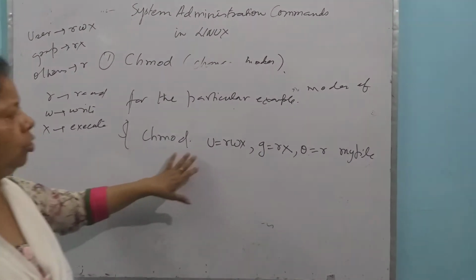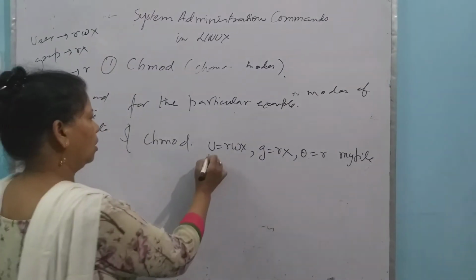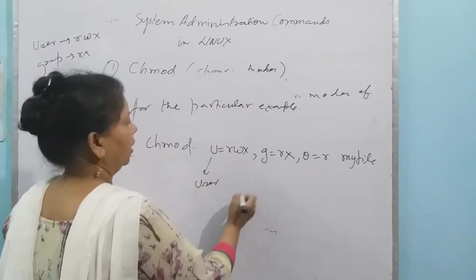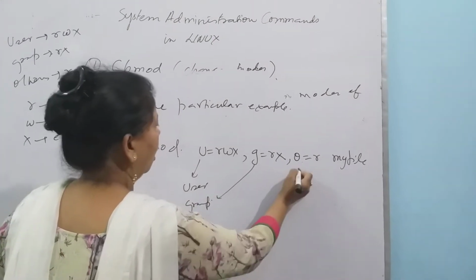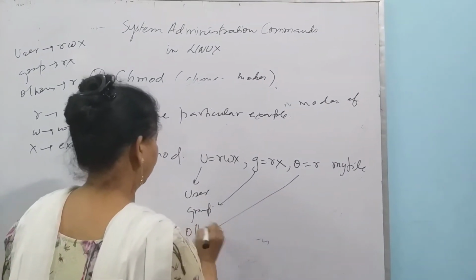Here the chmod U for the user category, G for the group category, and O for the other category.